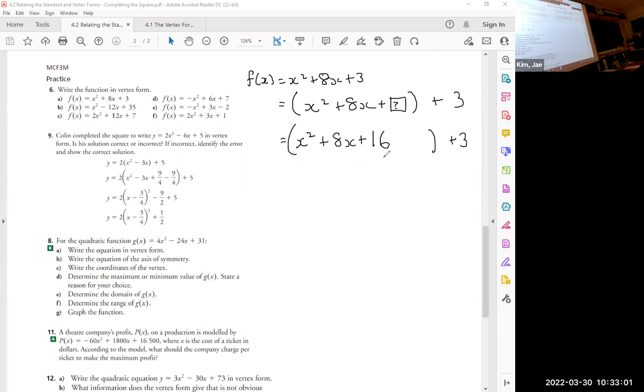But I did something illegal. I just added 16 out of thin air. So how do I justify that? Sorry, I'm jumping the gun a little bit.